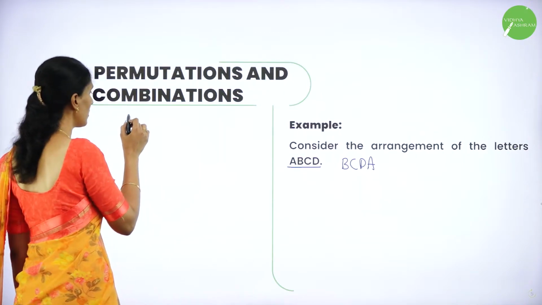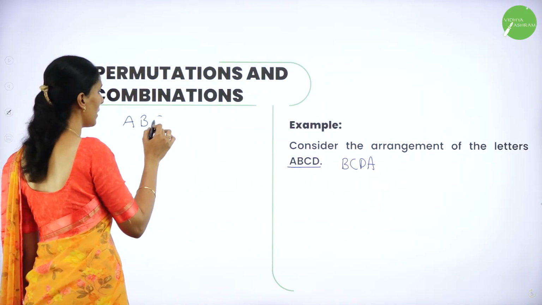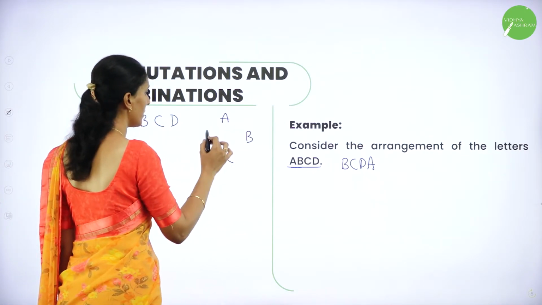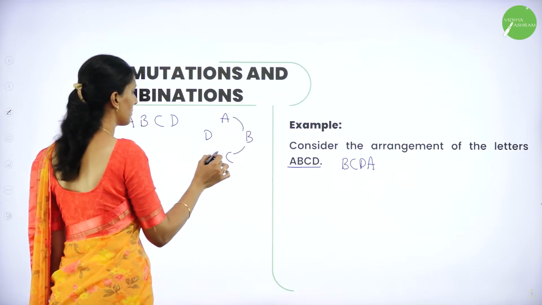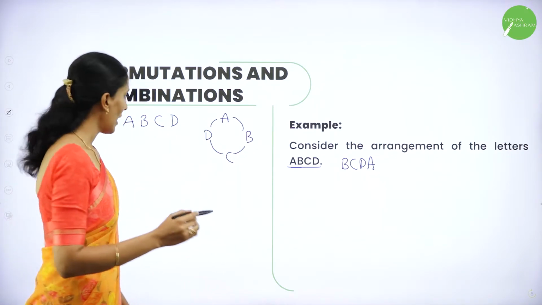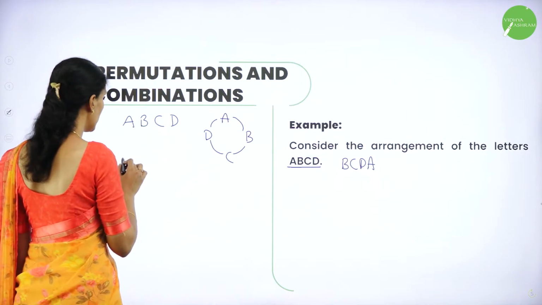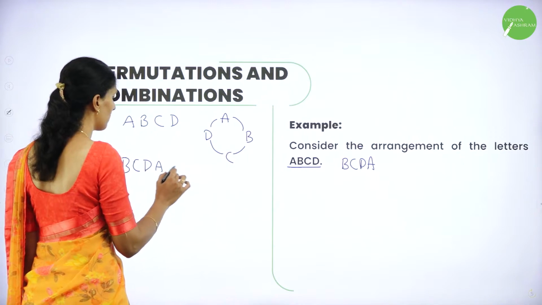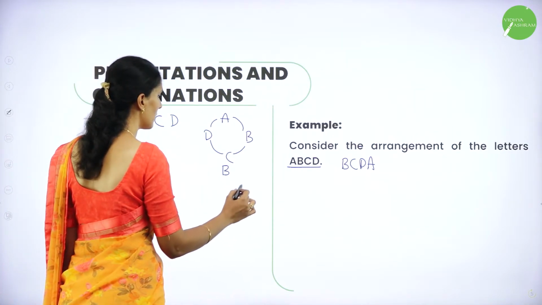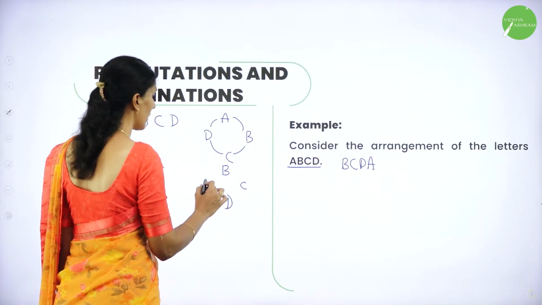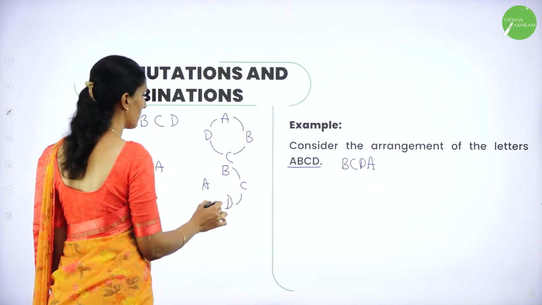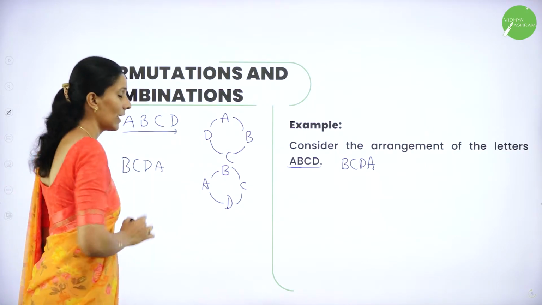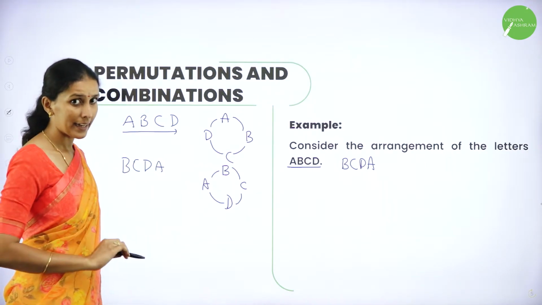Now I'll change the order here: B, C, D, A, in both. If I change the order in linear permutation, the arrangement is considered as a new one.